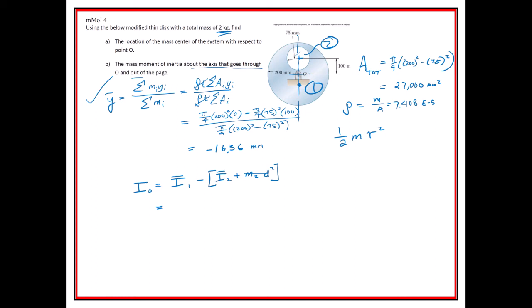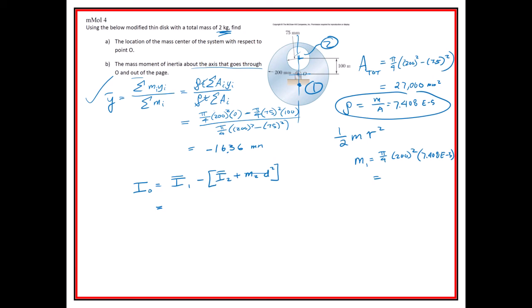So we find the mass of this thing. Like I said up above, I wanted to do a density of the piece. So I could say that the mass of 1 is going to be equal to the area of 1, which is pi over 4 times 200 squared, times my density of 7.408 e minus 5.